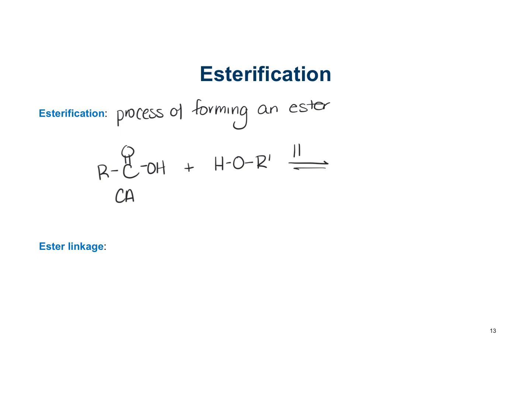And then we are also going to have an acid catalyst, and we're going to heat it up. So these esters will form when a carboxylic acid reacts with an alcohol in the presence of an acid catalyst.